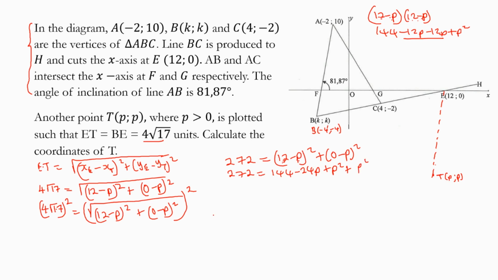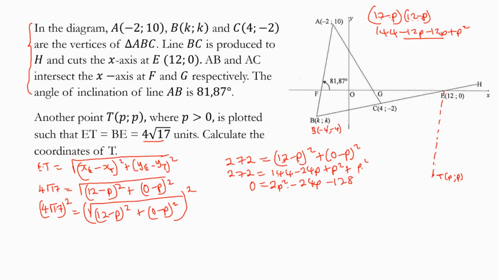Right, and then let's get our standard form. It's going to be p squared plus p squared, that is 2p squared, then minus 24p, and then 144 minus 272, that is negative 128.